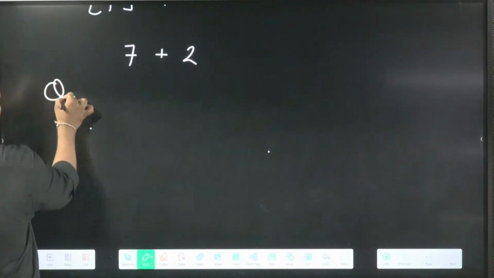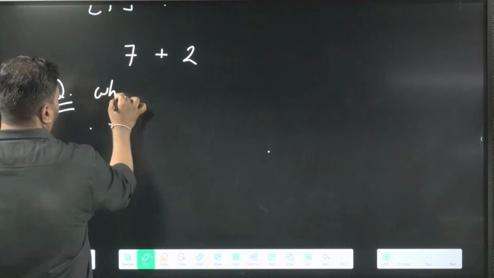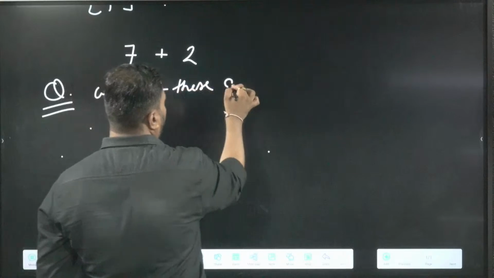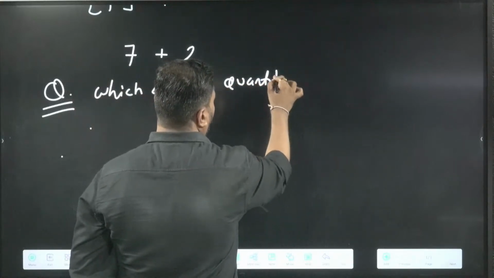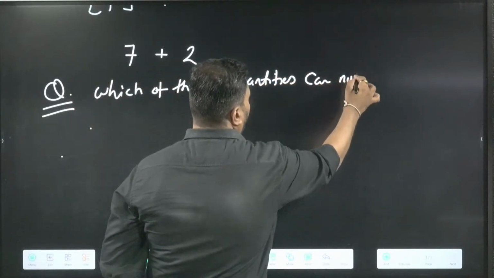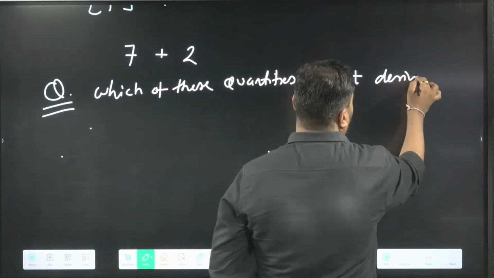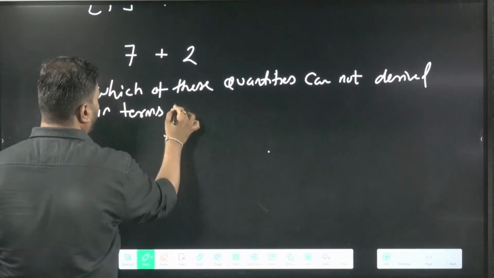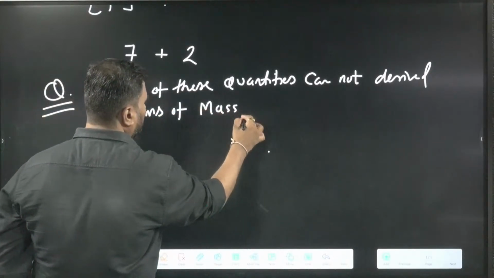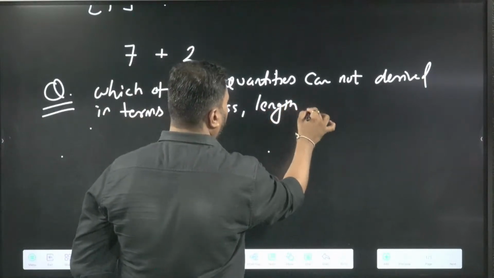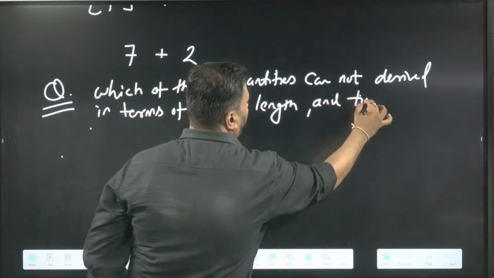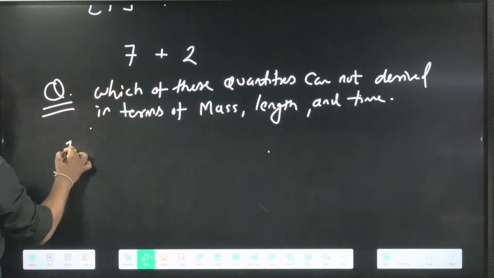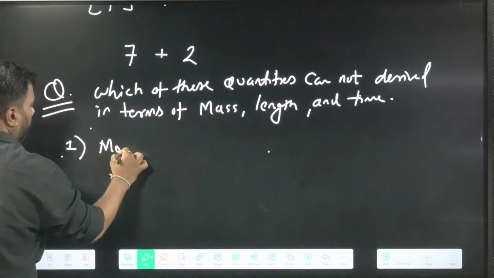Let me ask you a question. Which of these quantities cannot be derived in terms of mass, length and time? My first option is momentum.